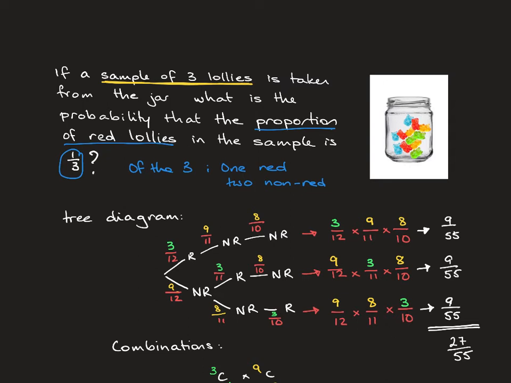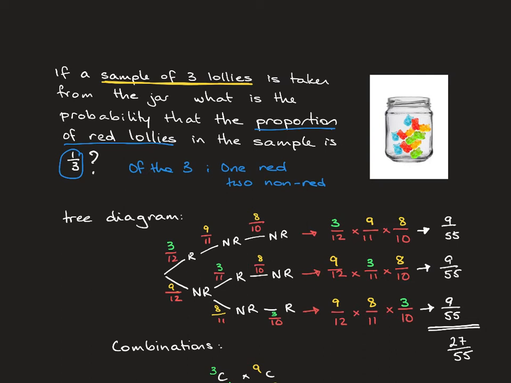Now just a couple of things to note if you are doing the tree diagram method. You'll notice that when I've multiplied all the probabilities together for each branch, the denominators are always the same: 12 times 11 times 10, 12 times 11 times 10, 12 times 11 times 10.